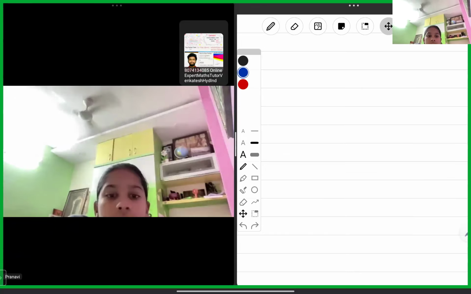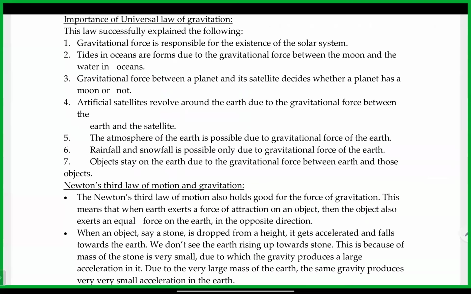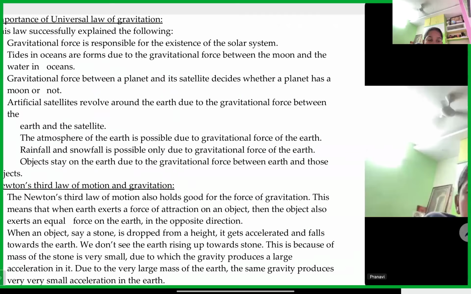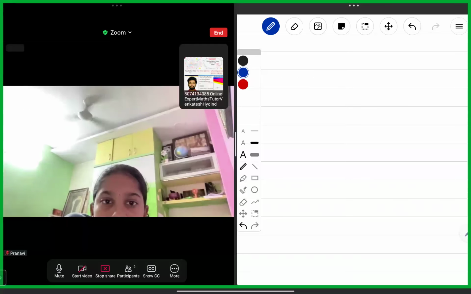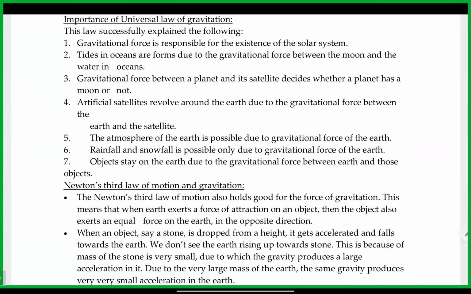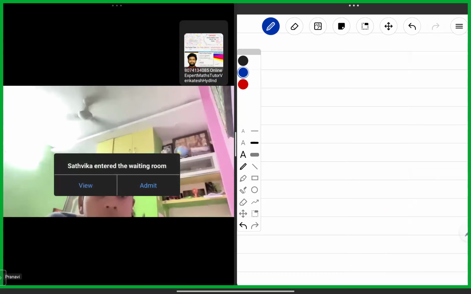Sir, it's given there, right? Yes, the fourth one is given there. The natural satellite means the Earth has a natural satellite, the moon. The fourth one is about artificial satellites, which scientists prepare and send around the atmosphere of the Earth.